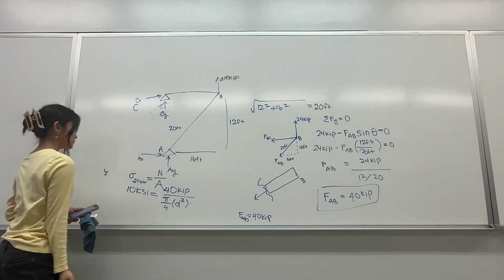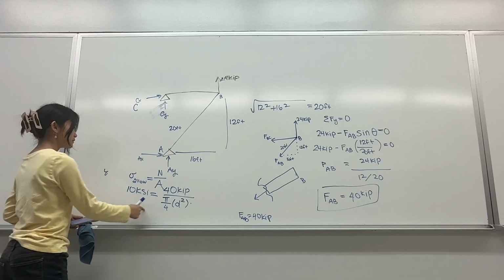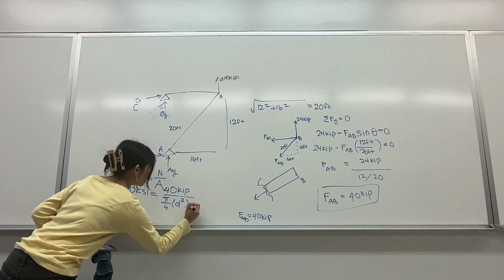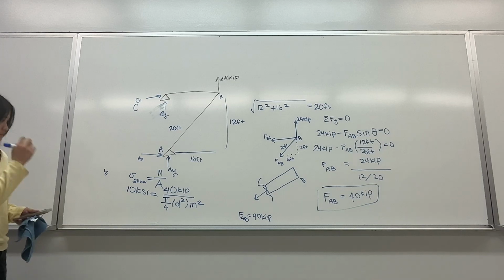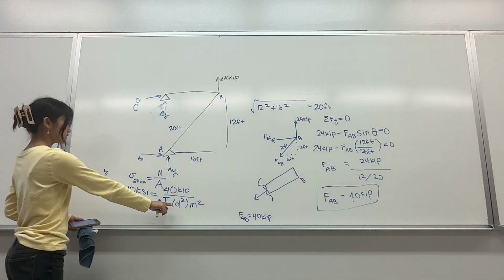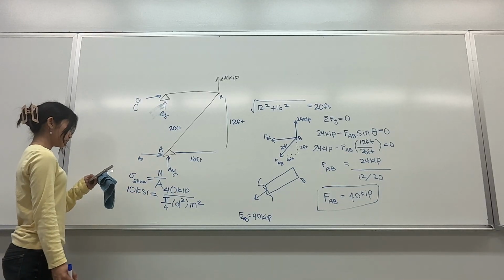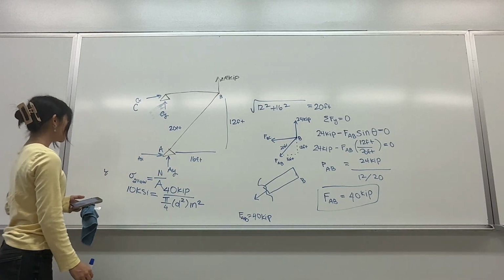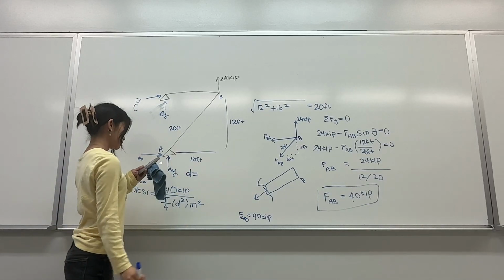Because ksi is kips over inches squared, we put inches squared. Then we isolate D to find our missing diameter.